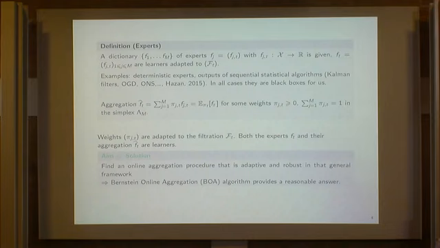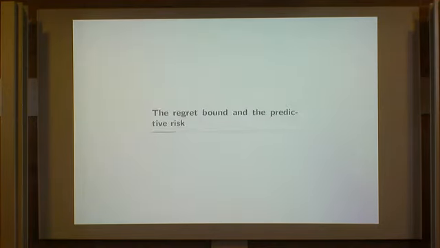A reasonable solution is a version of an aggregation. And we will see that the usual one, the exponential weight algorithm that was introduced by Pierre, does not achieve this nice adaptivity and robustness.